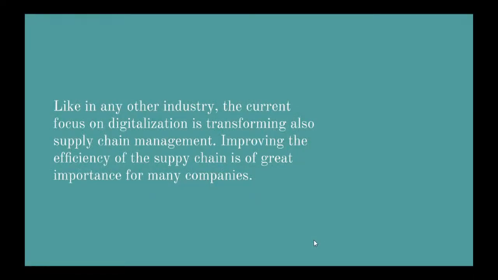Like in any other industry, the current focus on digitalization is transforming supply chain management and improving its efficiency. Improving the efficiency of the supply chain is of great importance for many companies.